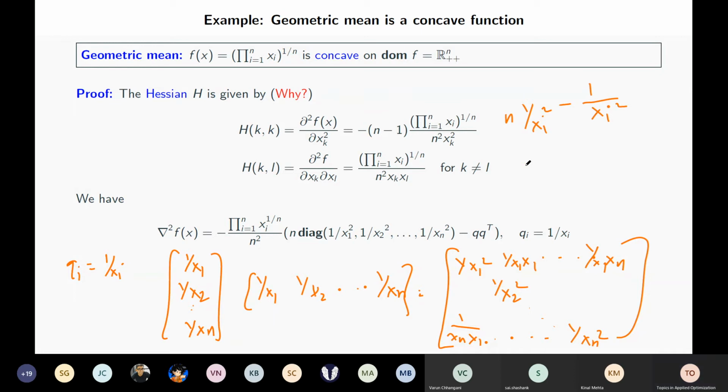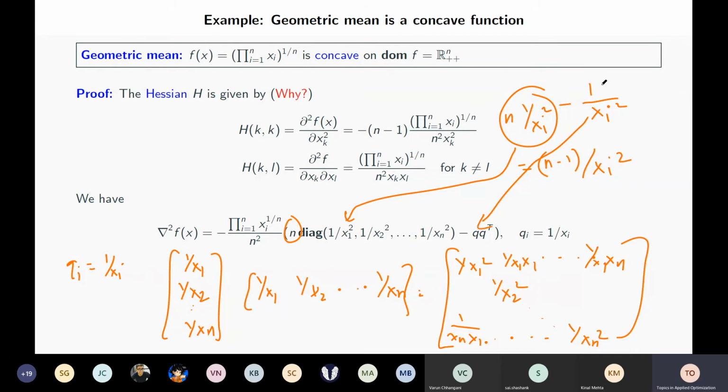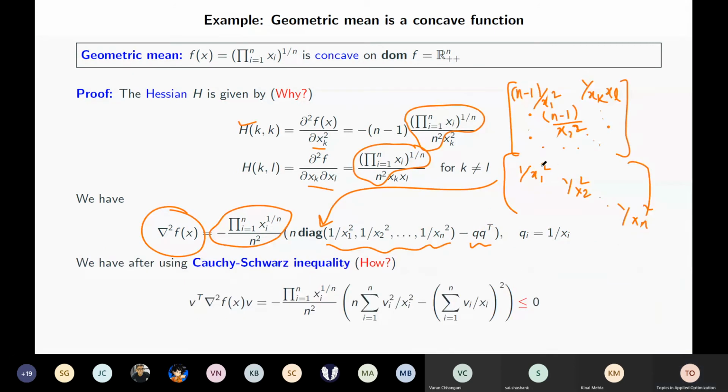This gives us n minus 1 by xi square, because the n 1 by xi square terms are given by these terms, and the Q Q transpose is subtracting just 1 by xi square. If we go back, the Q transpose terms have just 1 by x1 square, 1 by x2 square.